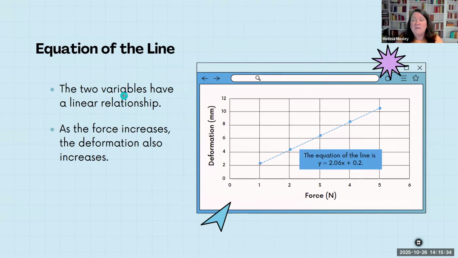So remember that equations of the line, the two variables have a linear relationship. So it has to be a straight line for this to work. And as the force increases, as you're moving up or over on your x-axis, the deformation also increases, because we see that it's also moving up on the y-axis.